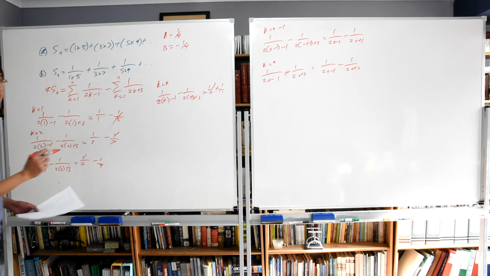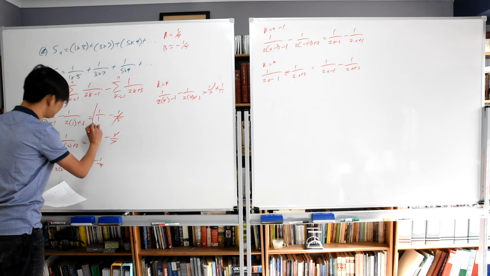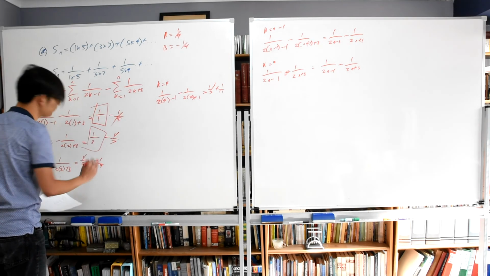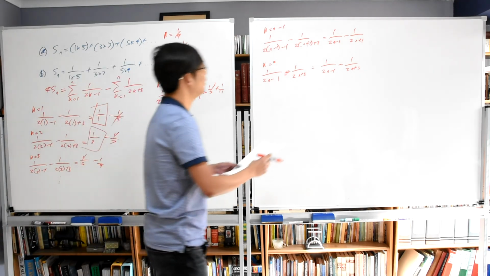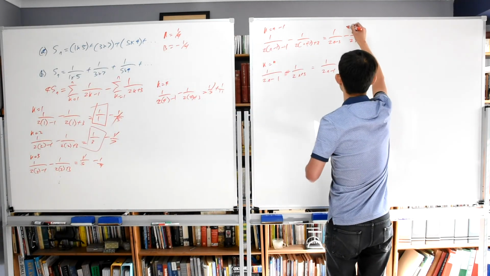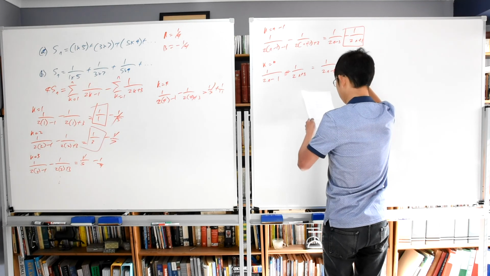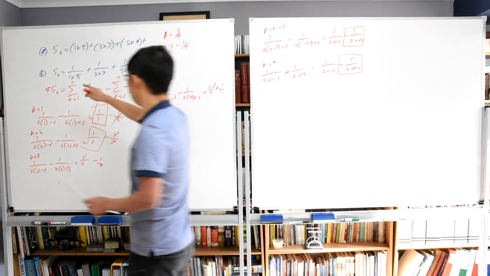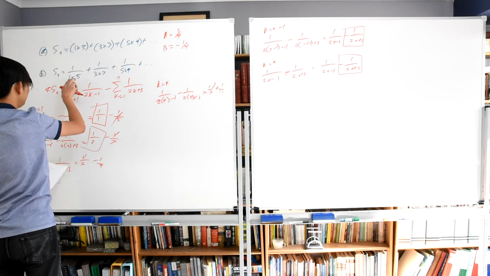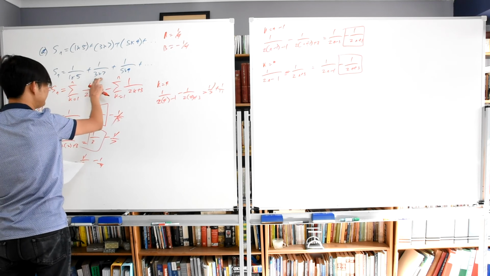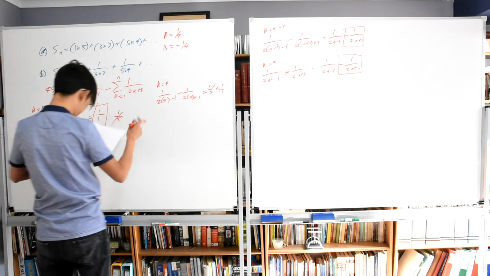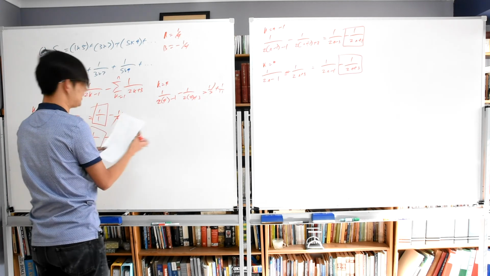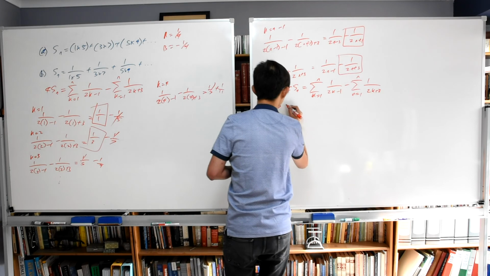So the only surviving terms are this very first guy, 1, this second guy, this guy, and this guy. Our entire series of S_n equal to 1 over 1 times 5, 1 upon 3 times 7, 1 upon 5 times 9, all of this collapses down.